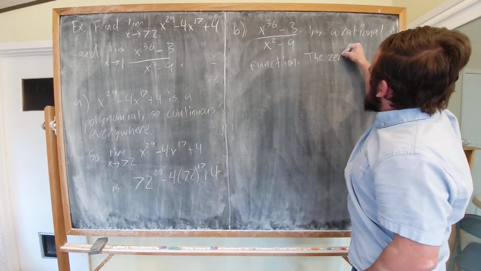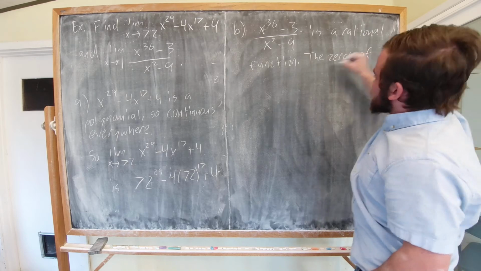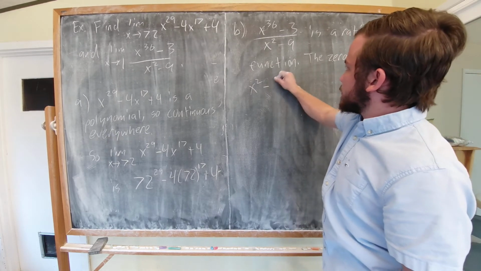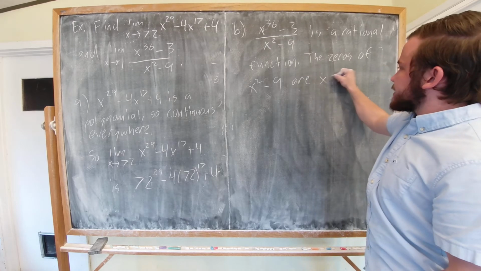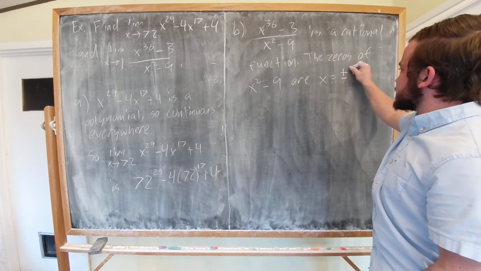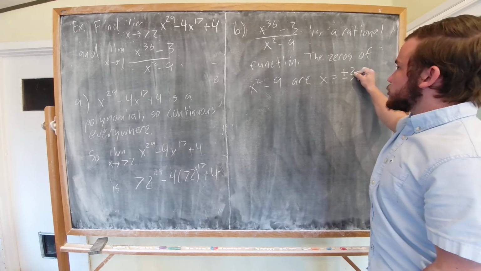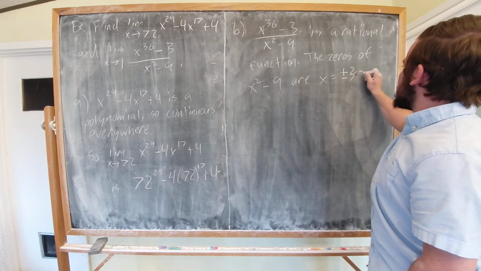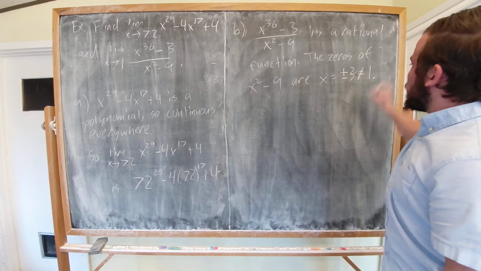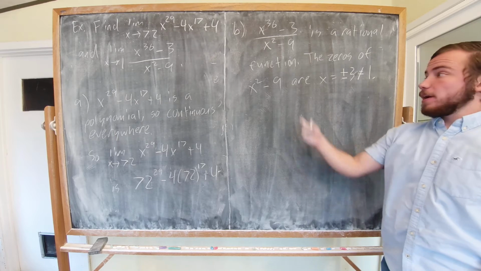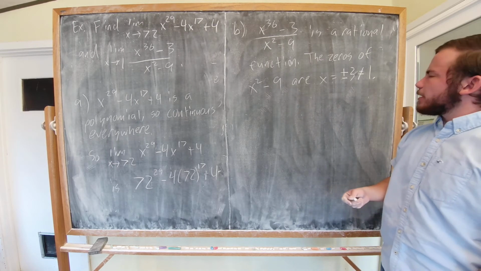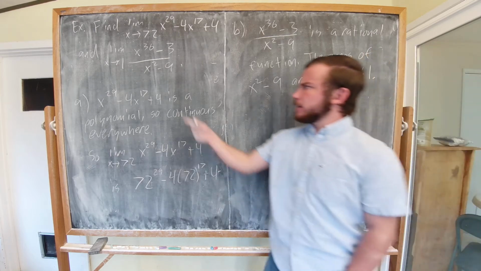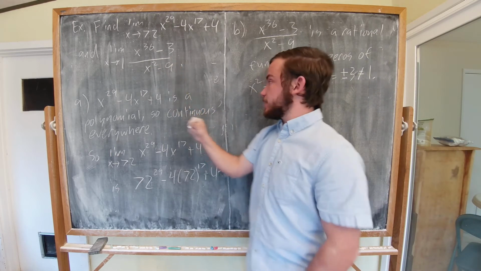The zeros of x squared minus 9, so the zeros of the denominator, are x equals plus or minus 3, which is specifically not 1. Right? How do you find the zeros? Factor. Okay, so cool. We're evaluating the limit at a point where the function is continuous.